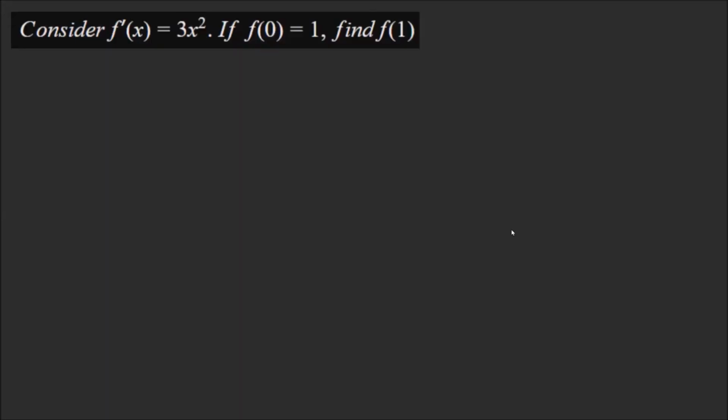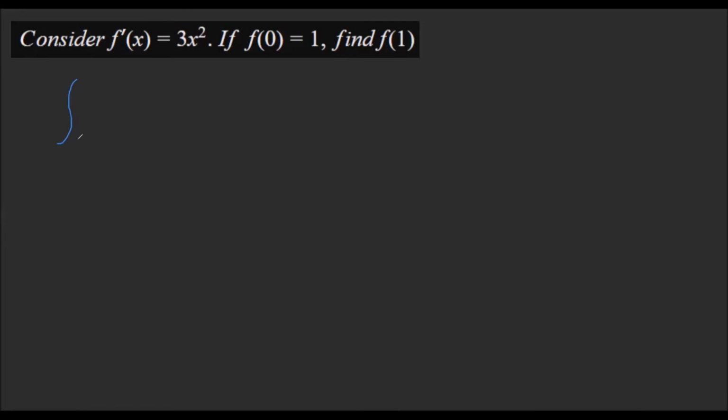So as I said earlier, the first fundamental theorem of calculus not only serves as a way to find the value of an integral, but also a specific point. In this case, we're going to try to find f of 1 if f prime of x is equal to 3x squared and f of 0 equals 1. So the first thing we're going to do is write out the general equation for the first fundamental theorem of calculus, which is the integral from a to b of f prime of x dx is equal to f of b minus f of a.